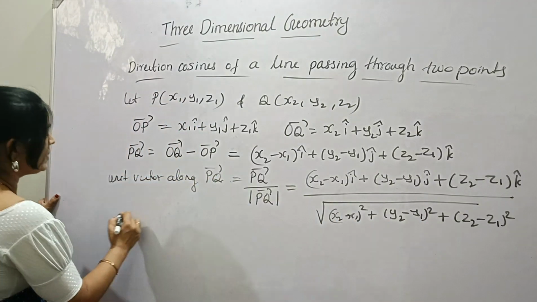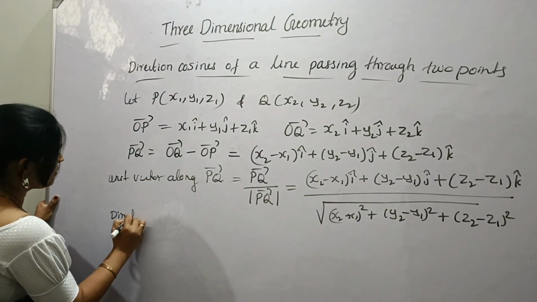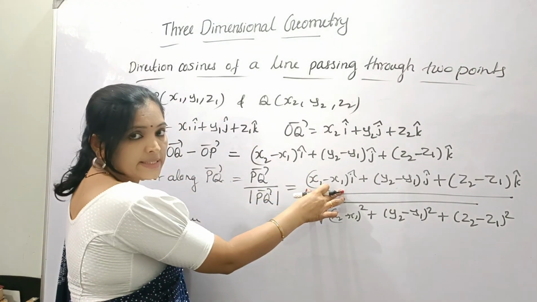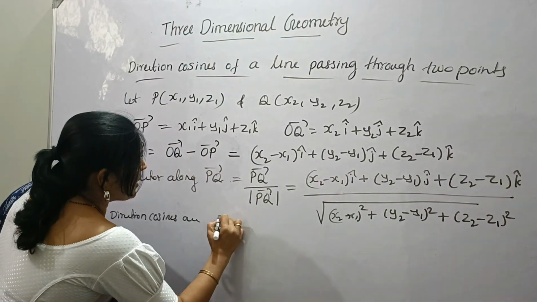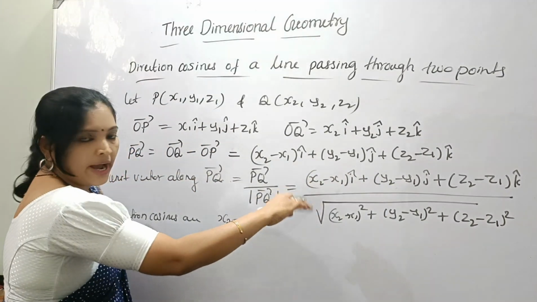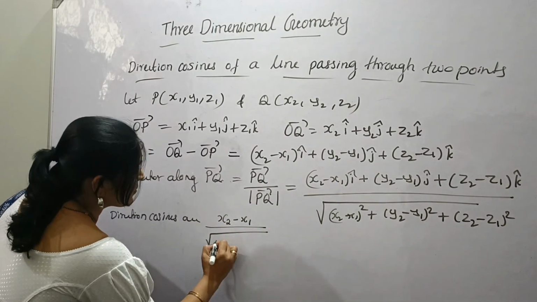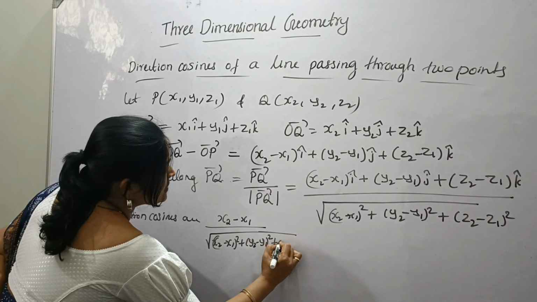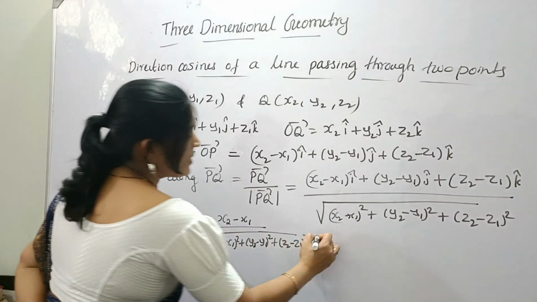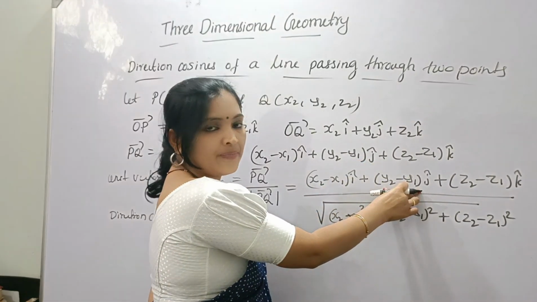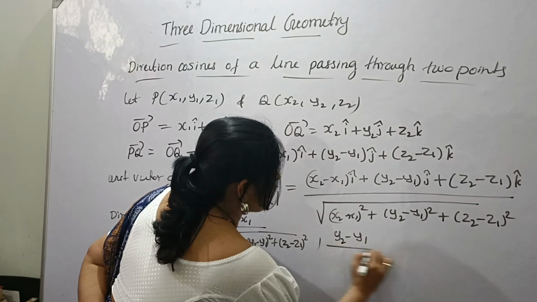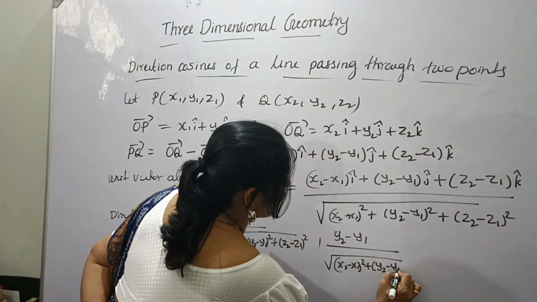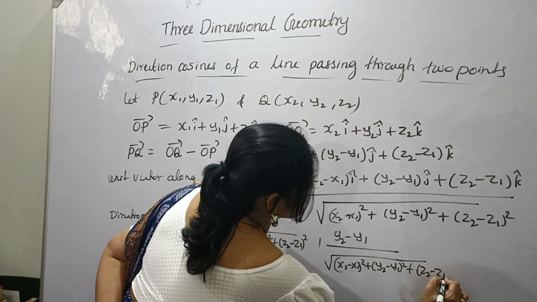So here the direction cosines are: one, the coefficient of i, x2 minus x1 divided by the square root of (x2 minus x1) whole square plus (y2 minus y1) whole square plus (z2 minus z1) whole square.